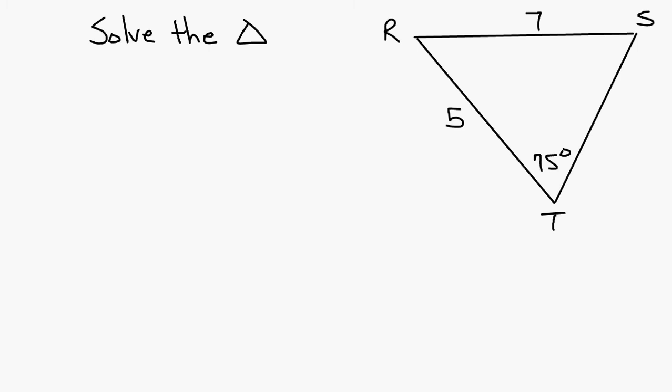So your first proportion is sine 75 over its opposite side 7 is equal to sine of angle S over the 5. Crisscross multiply.